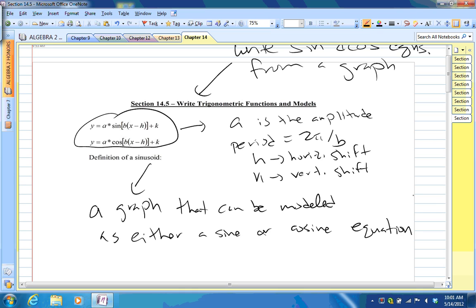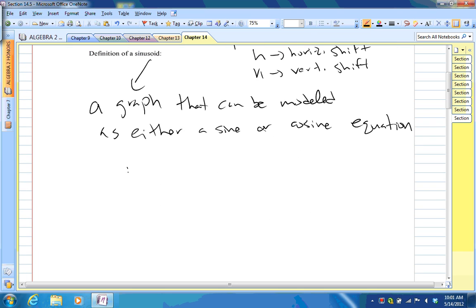So very, very simple. And if you look at examples of sinusoids, like something like this here, that's a sinusoid.